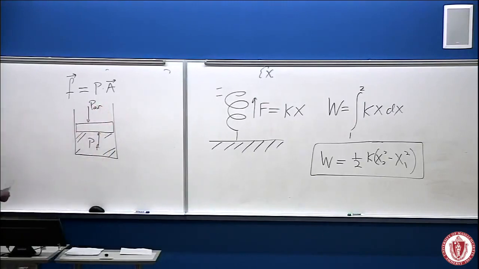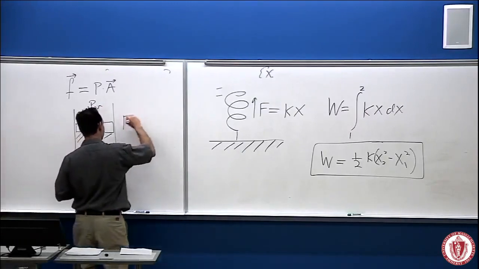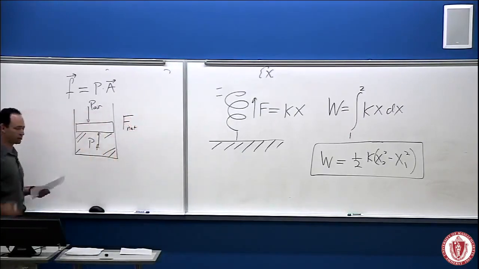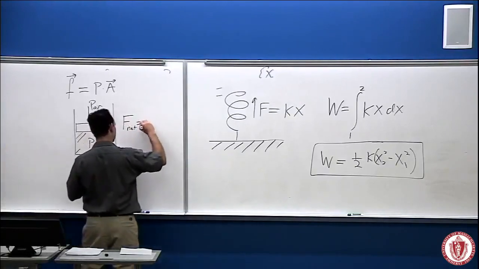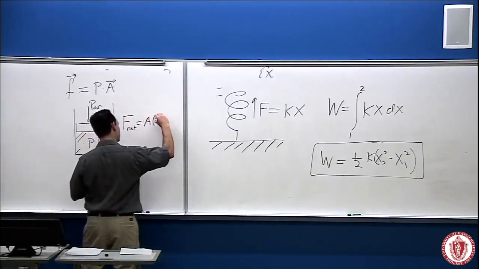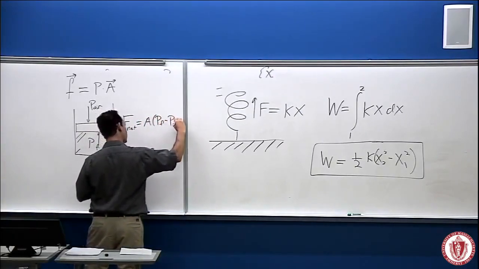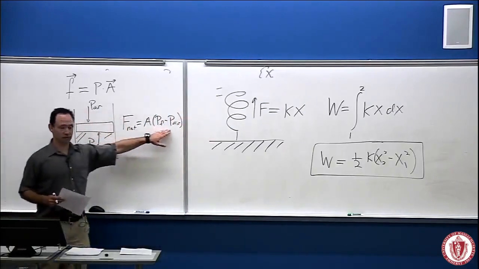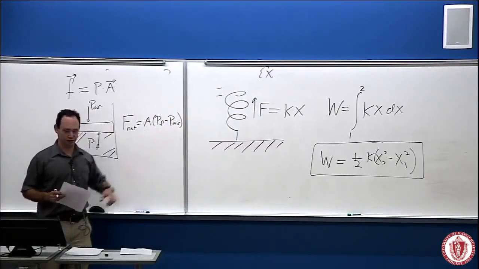We're going to neglect the weight of the piston for a moment. So the net force is the difference between these two pressures. The fluid pressure is usually a lot higher than atmospheric. And this is just the gauge pressure. This is just how high is the pressure in the fluid above atmospheric.